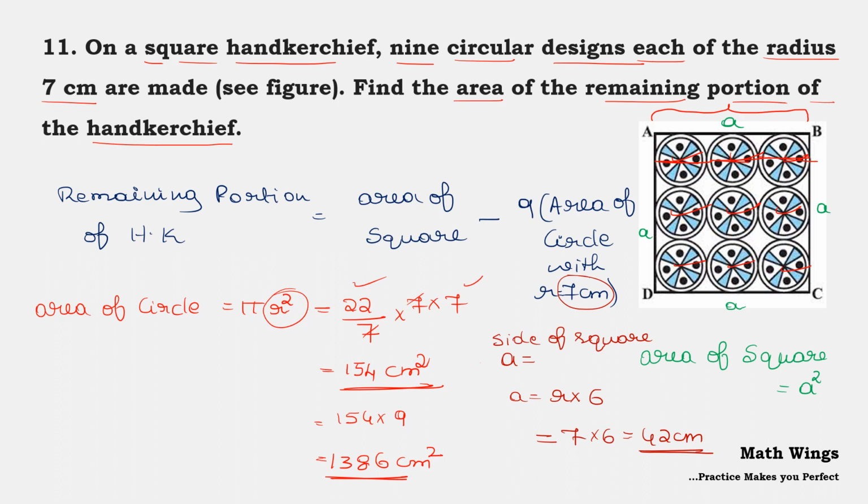Therefore, I can find the area of the square. What's the area of the square? Area of the square is equal to 42 into 42. What is the answer?